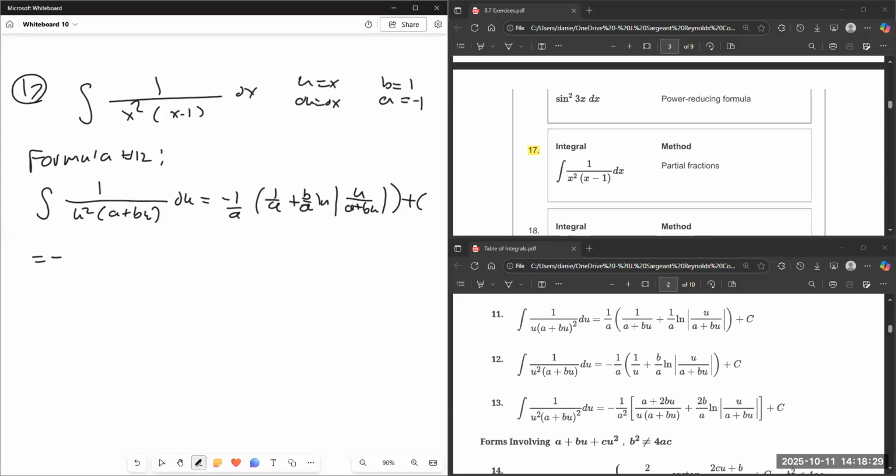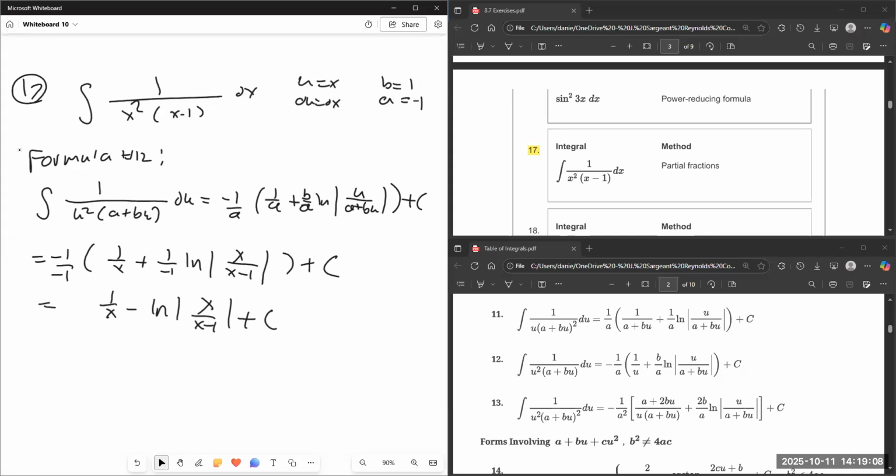So -1 over -1, 1 over x plus 1 over -1 ln of x over x minus 1 plus c is going to be 1 over x minus ln of x over x minus 1 plus c.